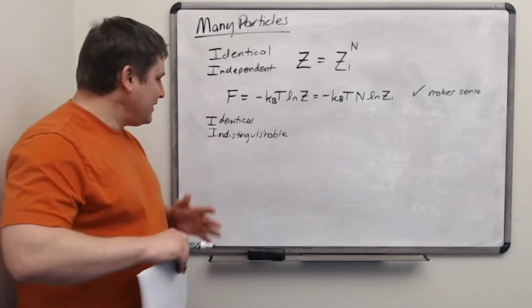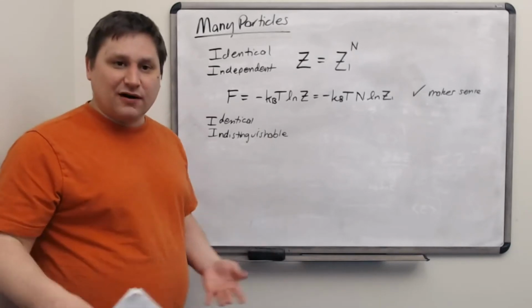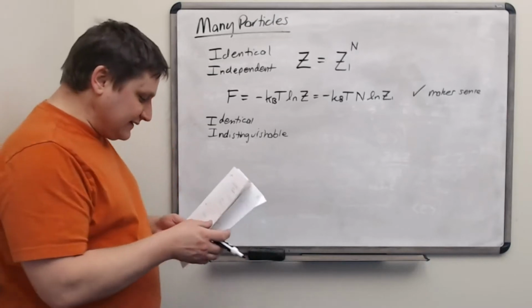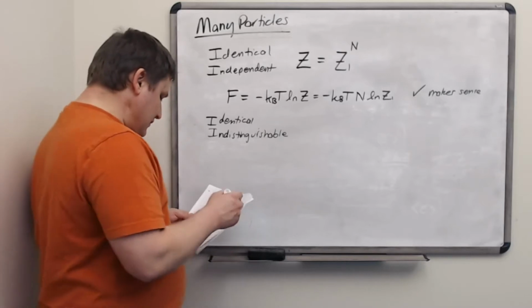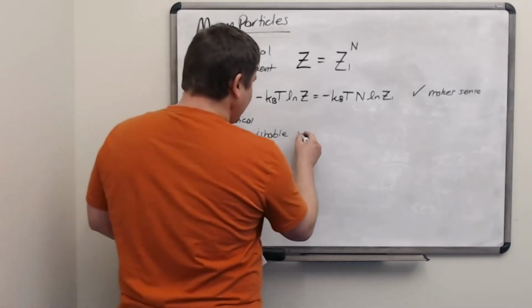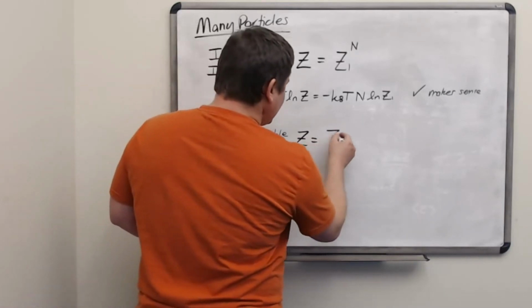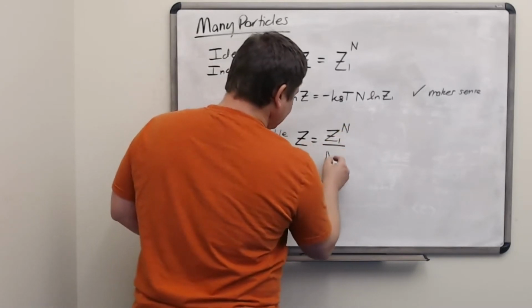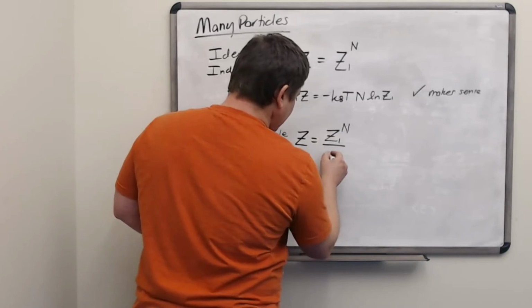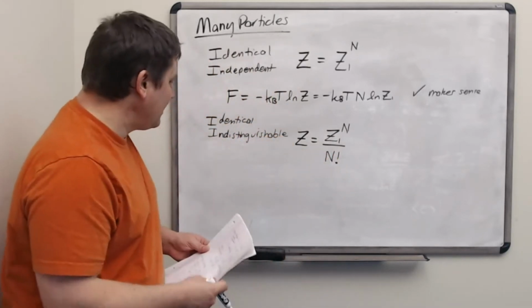There's some limitation to the number of unique microstates when you have more than one particle. All right. So then what we would do for the partition function is again multiply all the partition functions together. So Z1 to the N.